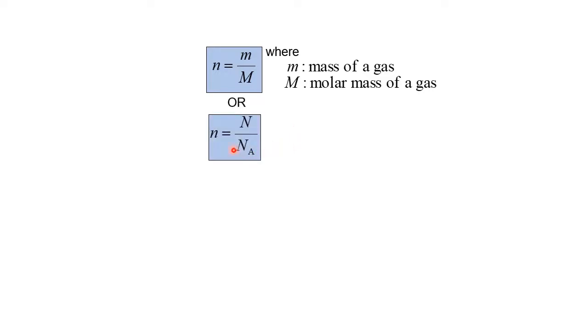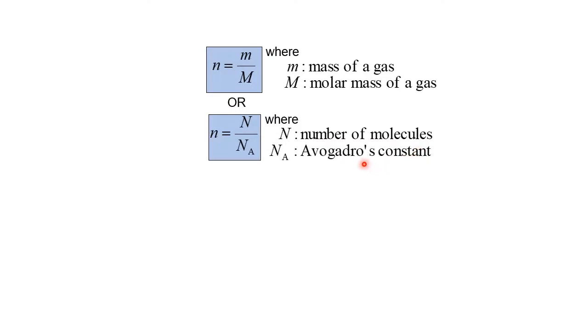And then number of mole, satu lagi formula dia adalah N over N_A, where N is number of molecules and N_A is Avogadro's constant. So nilai dia ni akan diberi dalam list of constant value. Dekat calculator pun ada.